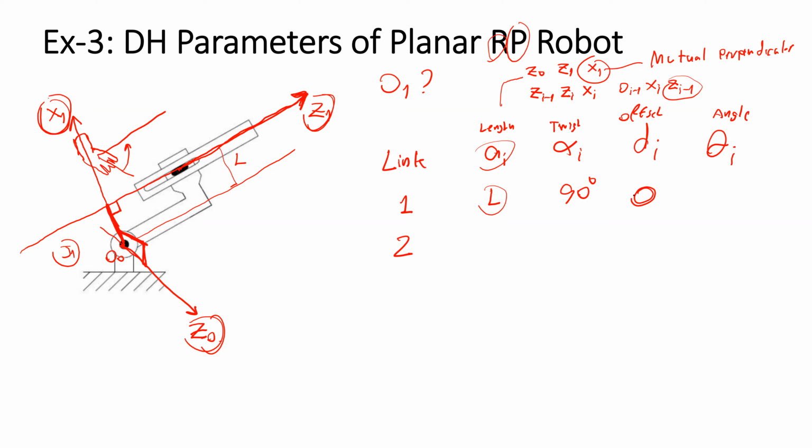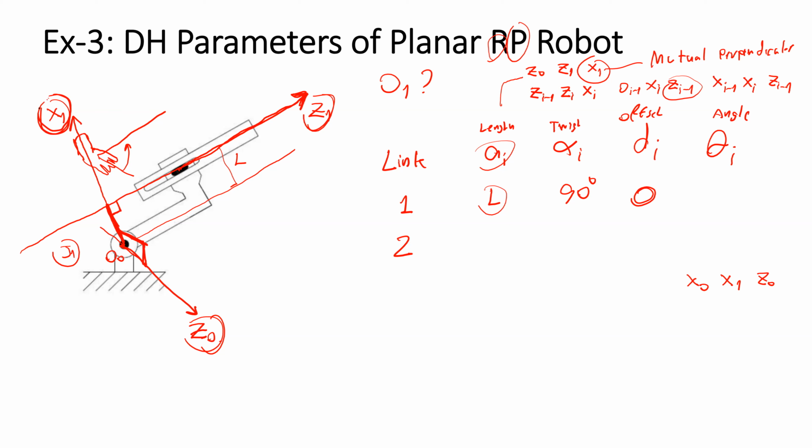How about the angle? The angle will be the angle difference between x(i-1) to x(i) about c(i-1). So it should be the direction difference between x0 and x1 about c0.